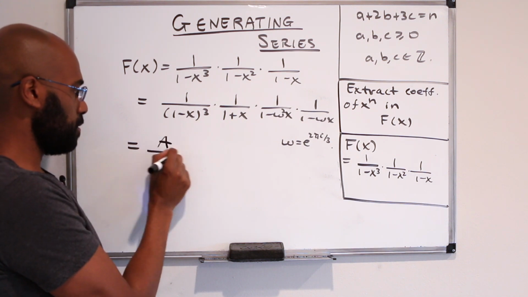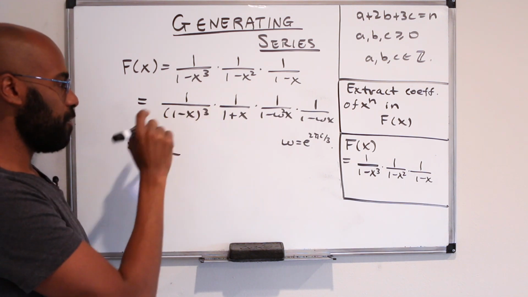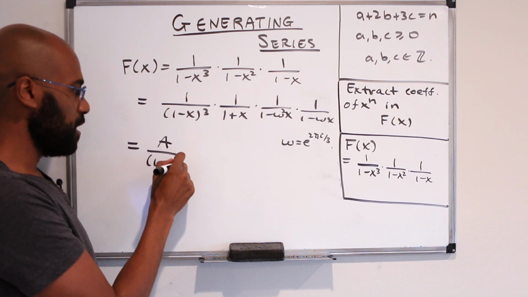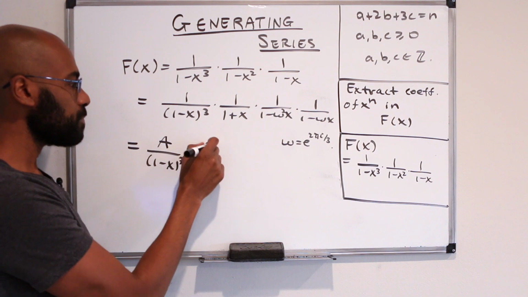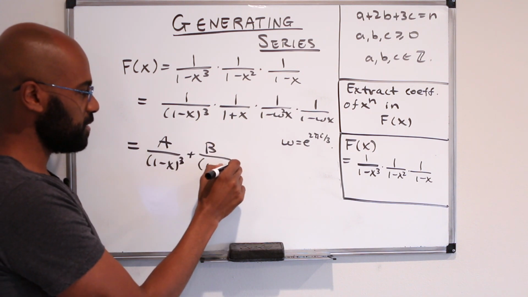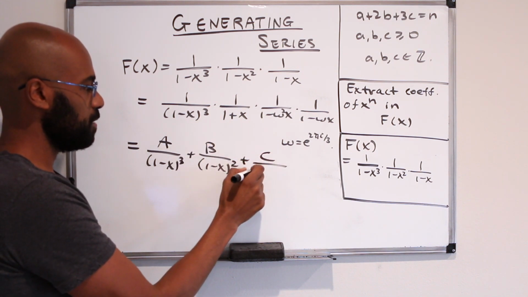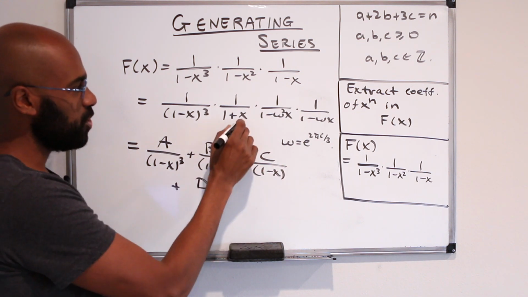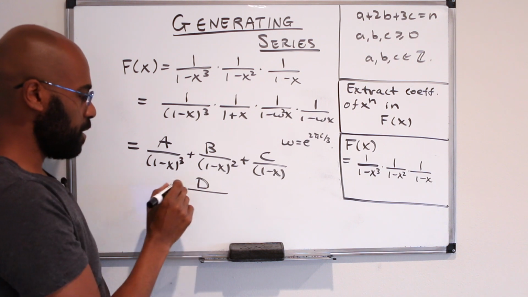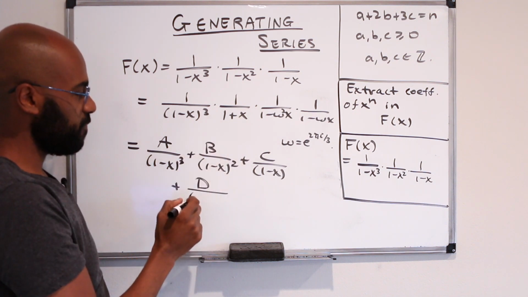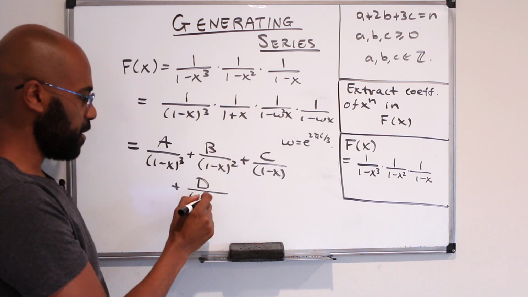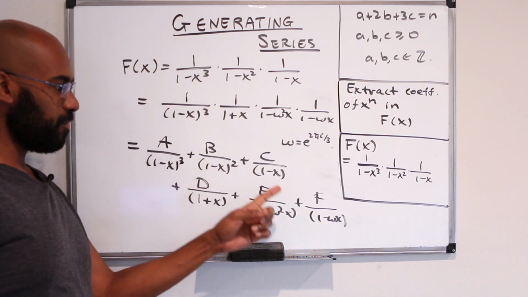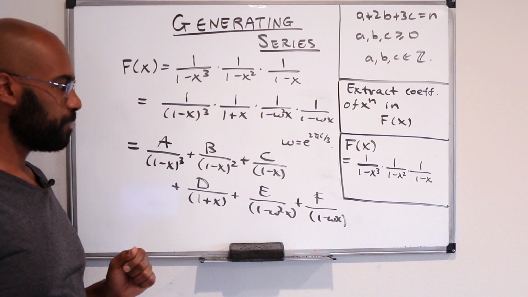So this denominator has a third power of 1 minus x, so we'll get something like a over 1 minus x cubed for some constant a, and then b over 1 minus x squared, and c over 1 minus x. And then each of these terms will get their own fraction with a constant in the numerator. Okay, so this series actually is the sum of all of these series right over here.